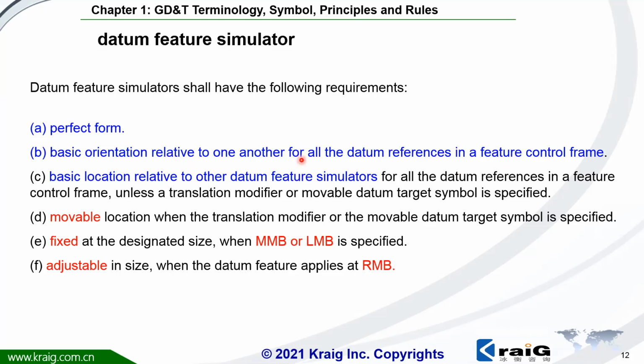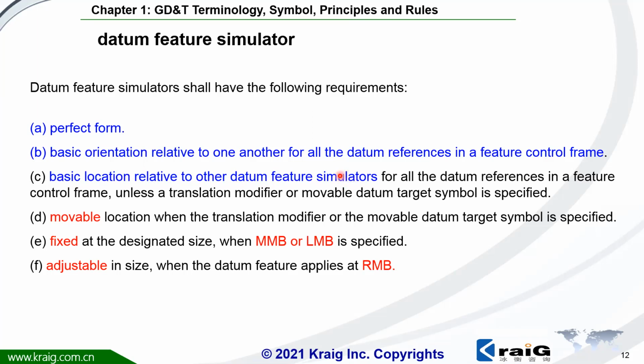It's a little bit hard to understand because there are several terms here we have not been taught yet. But again, as we said, the datum simulator should be perfect. It's talking about form should be perfect. Orientation should be perfect for any datum related to the preceding datum. Another one is location should be perfect. This is why we say basic location related to other datum feature simulators or to the preceding datum feature simulator.